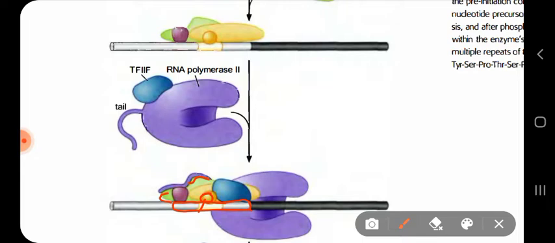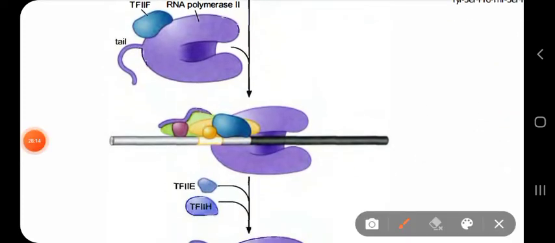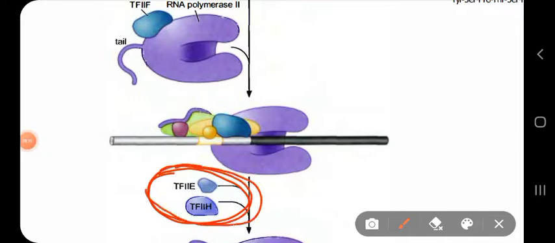Well, the other elements like BRE elements and the TATA box, they also interact and allow stability of this DNA TBP TF2B complex. And it has to bind before TF2E and TF2H are allowed to come, because these are the last transcription factors which allow for the elongation process.